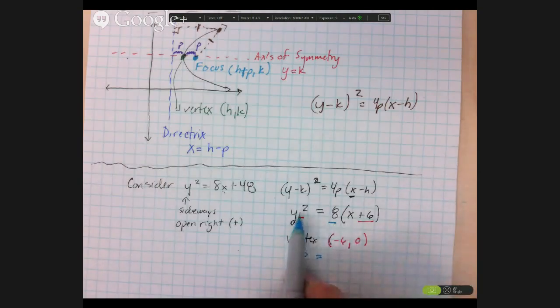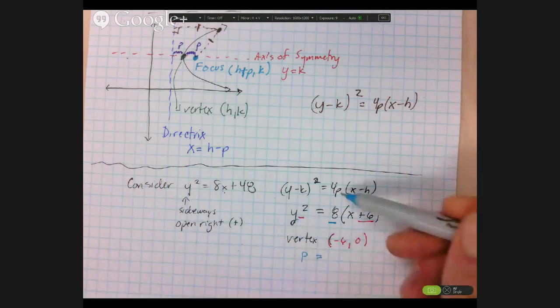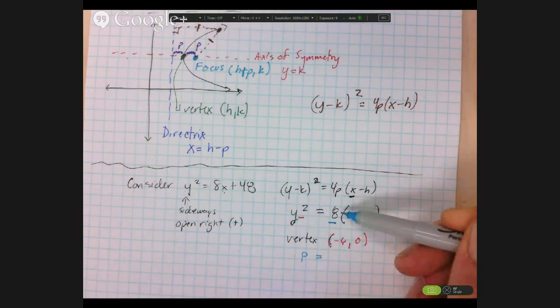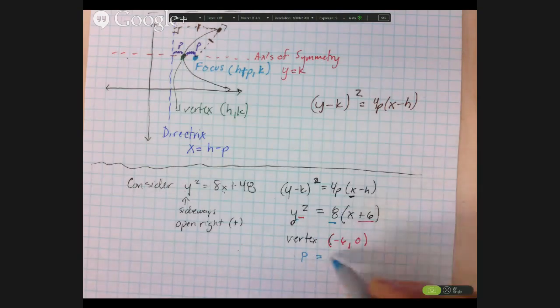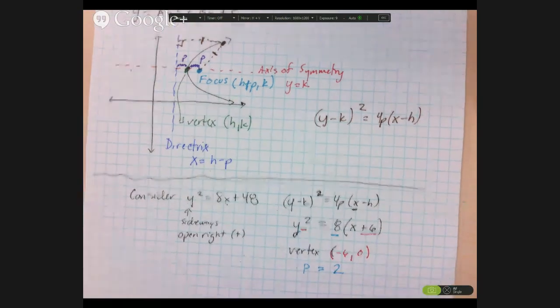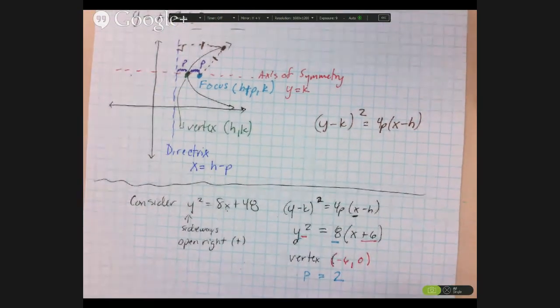Because it's y minus k, and there's nothing there, right? Okay, what's our p value? 4p is 8. Yeah, you can say it's 2. 4 times 2 is 8.